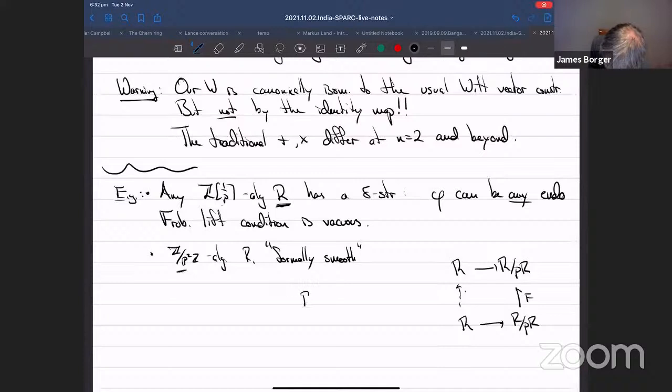Let's try it again. So R is over Z mod p squared, and that's formally smooth. Then you have R modulo p, and that's just the quotient map.